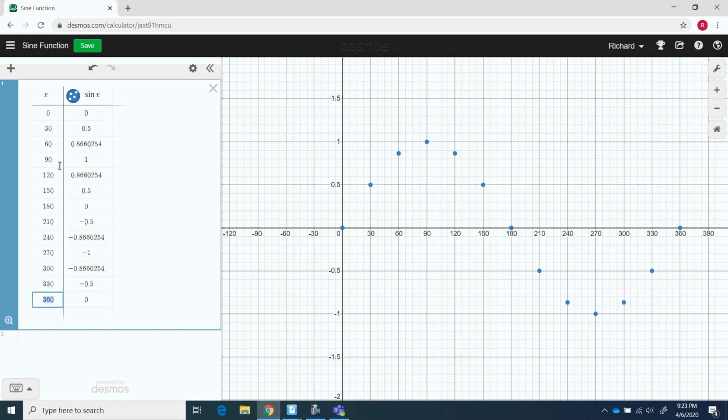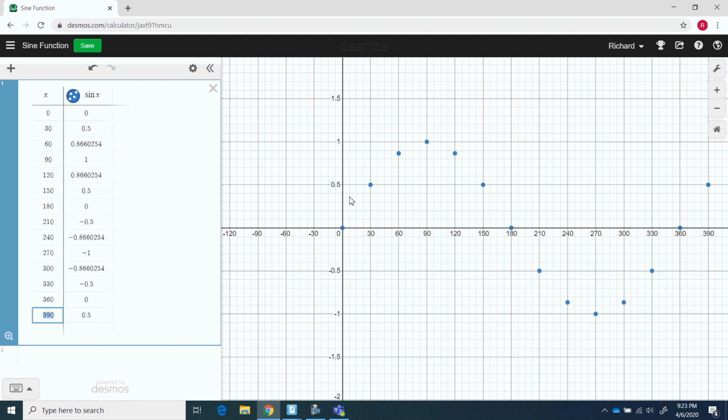I'm going to go a couple places past it, and you can see the pattern that it took on, and you can hopefully now make the connection why in that first slide we had a pattern called a sinusoidal relation.